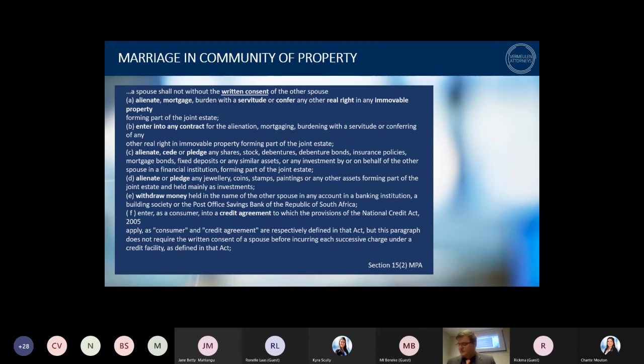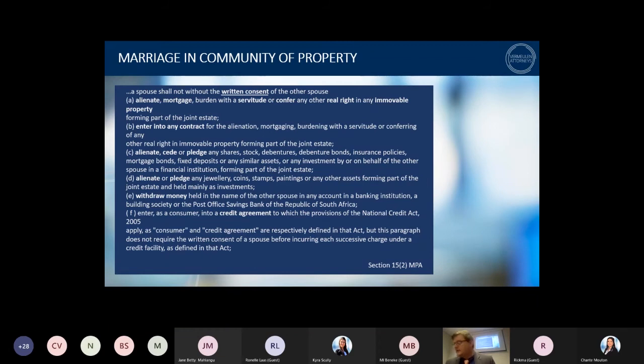They shall not alienate, cede, or pledge any shares, stocks, debentures, debenture bonds, insurance policies, mortgage bonds, fixed deposits, or any similar assets, or any investment on behalf of that other spouse in a financial institution forming part of the joint estate.